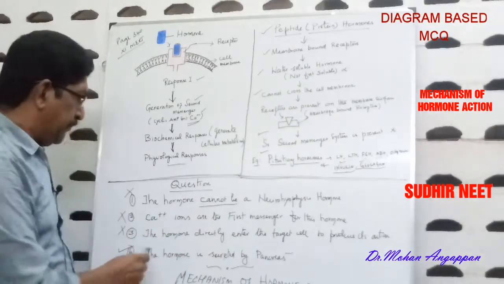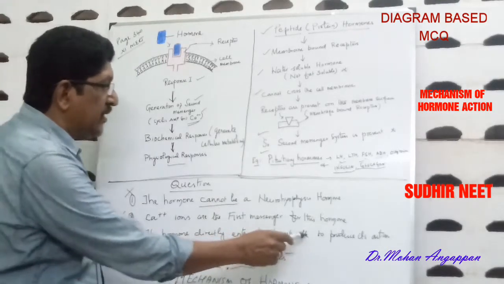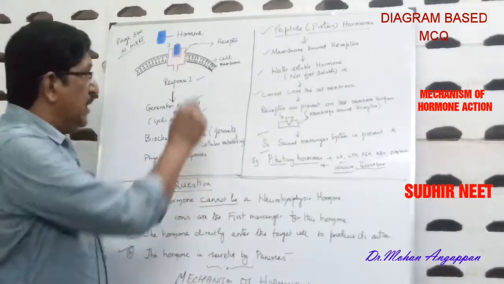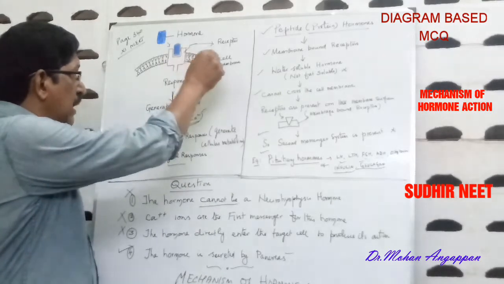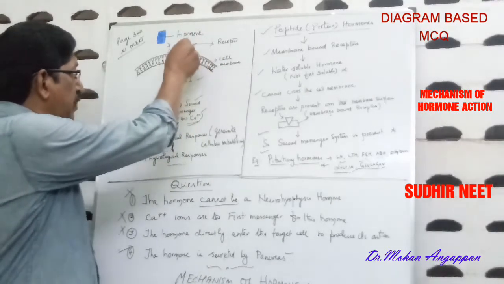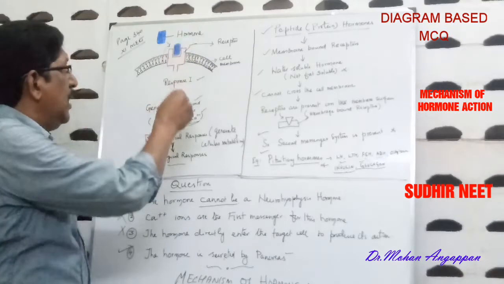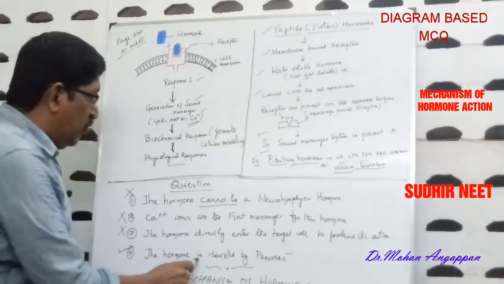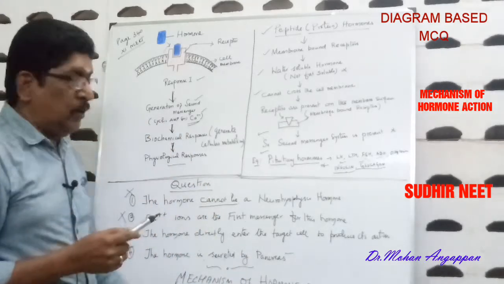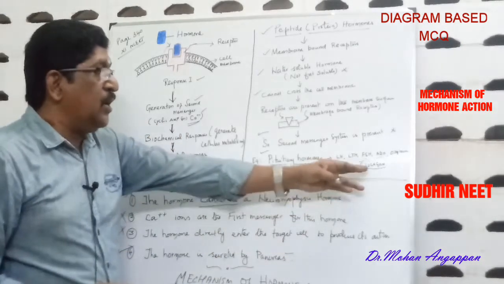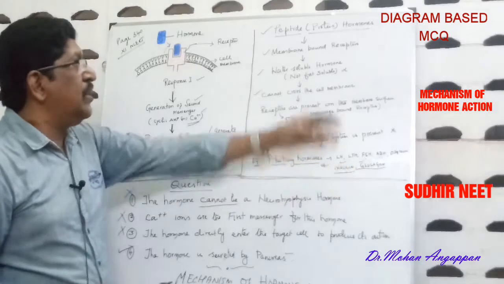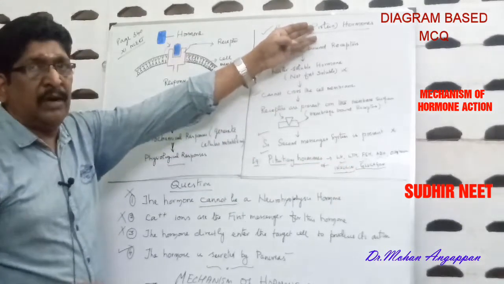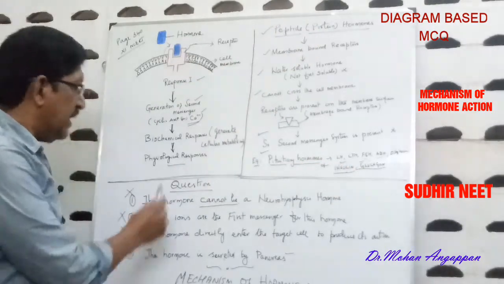No. Second messenger. Does the hormone directly enter the target cell? No, it cannot enter the target cell. It forms a hormone receptor complex in the membrane and then enters. Fourth option, the hormone is secreted by the pancreas. So the pancreas secretes insulin and glucagon, the examples of the peptide hormones or protein hormones. So the fourth option is the right one.